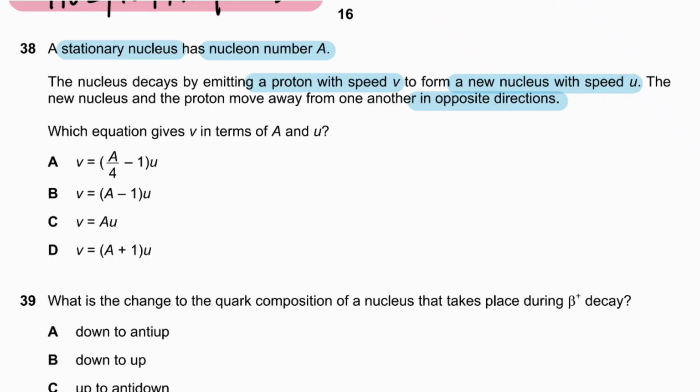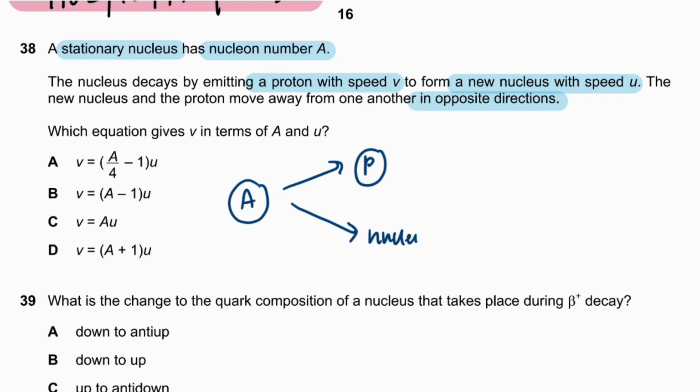So there's actually two ways to visualize this. The first way is you see nuclear decay this way: this is the stationary nucleus at first, right? Then when it decays, it emits a proton and a nucleus.